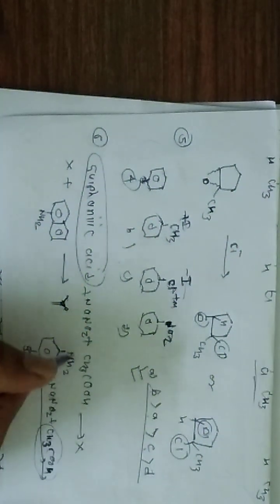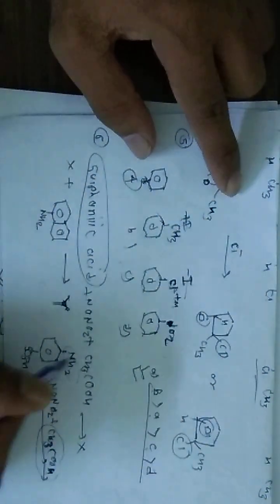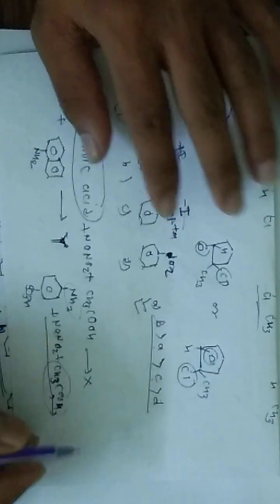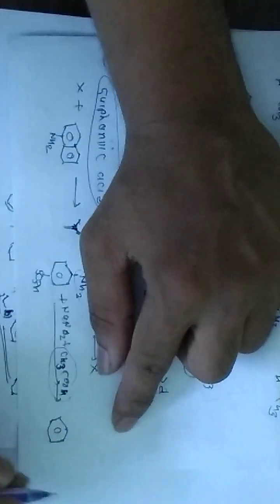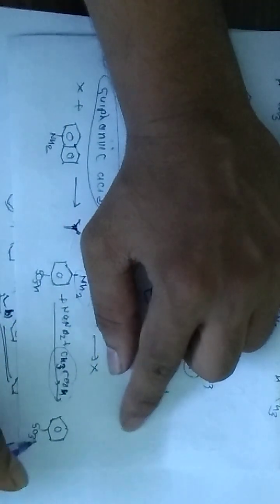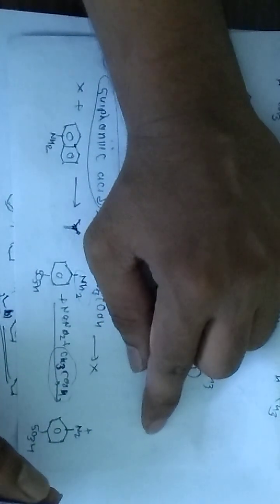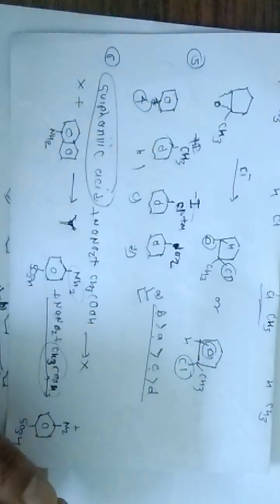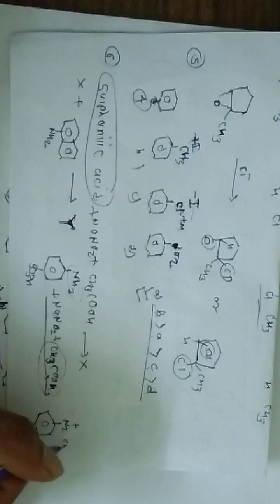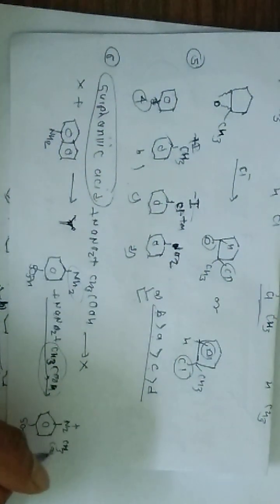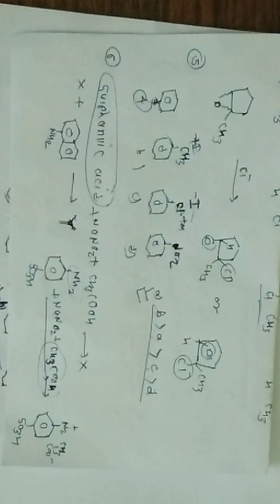So what will be the formation of X? This NH2 will be converted into a diazonium salt. So what will be the product? Here at the para position SO3H remains the same, here N2 plus diazonium is formed, and here the counter ion is the acetate ion, because acetic acid is used.